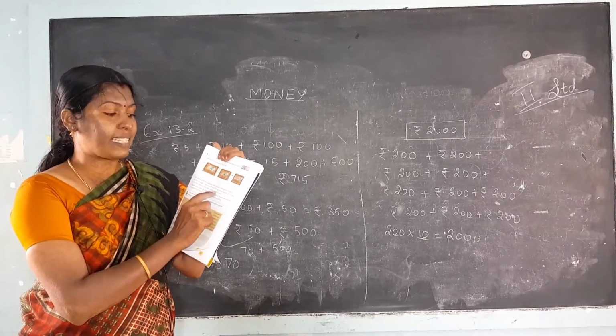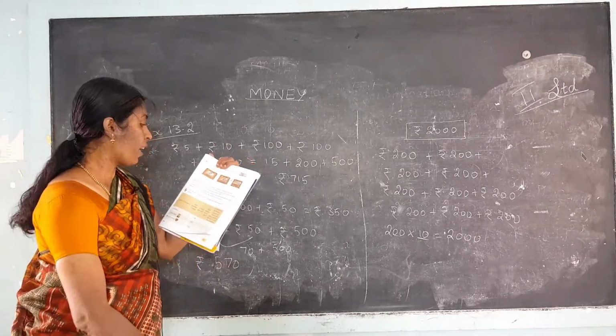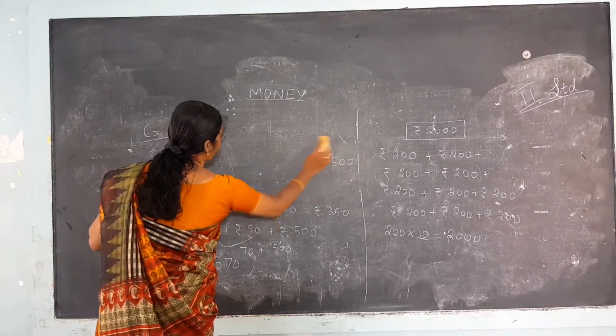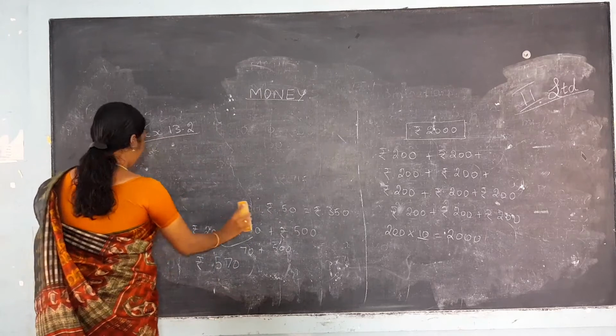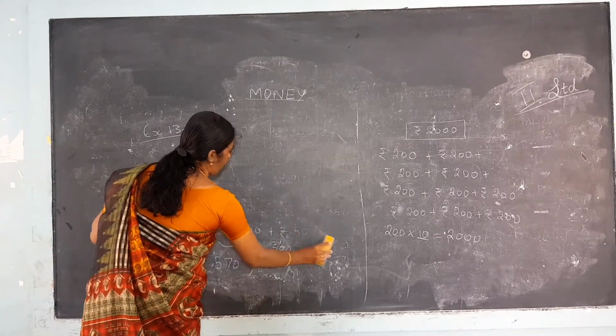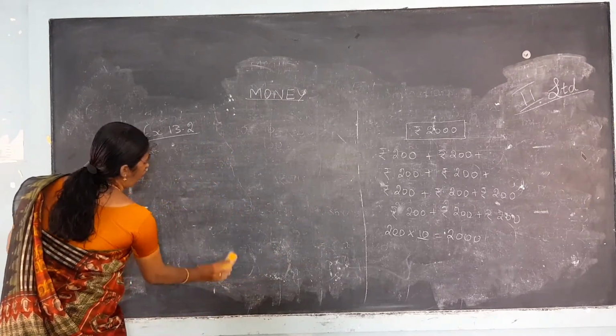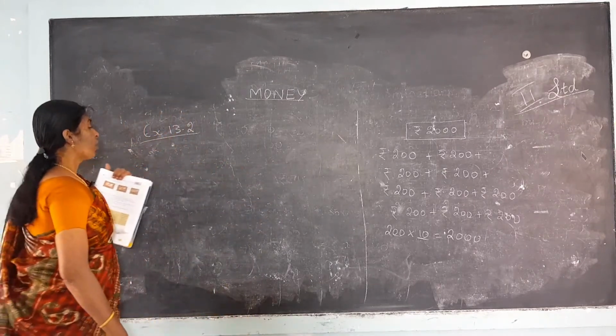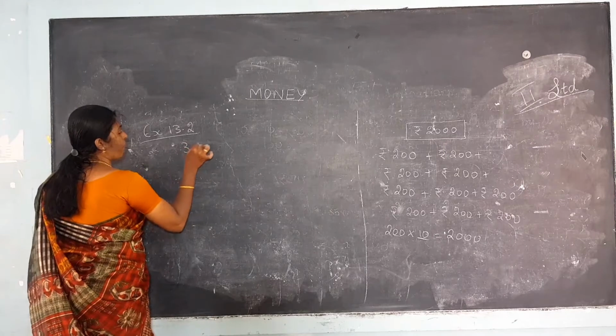How much does he pay in total? What are the things he bought? Mr. Mehta bought rice and sugar. How many packets of rice did he buy? 3 packets. You see here 3 packets of rice.